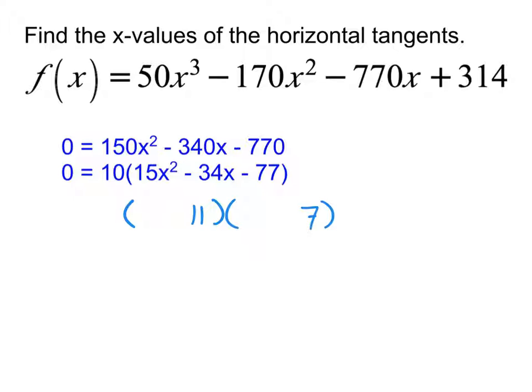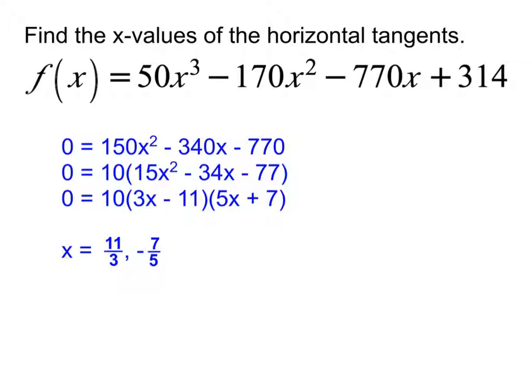So I'd try the 3 and 5 in there and see, would it be 3x and then 5x? And if that doesn't work, I'd try switching the 3 and 5. Just trying some things to see if the obvious solutions would work. If those don't work, then I might resort to regrouping or something like that. But in this case, they do work. It ends up being 3x minus 11 and 5x plus 7.